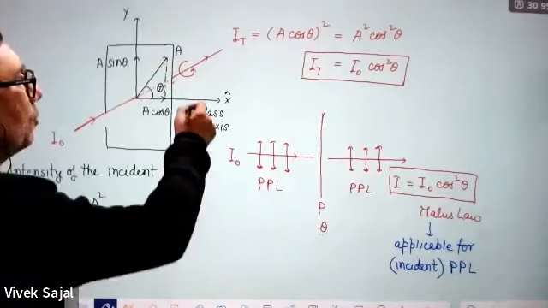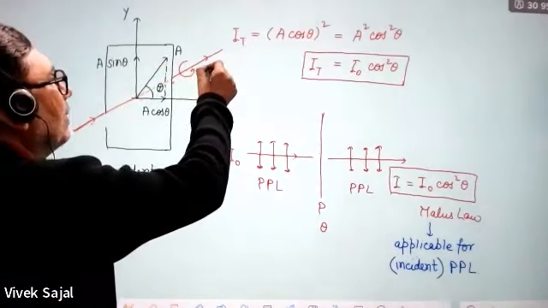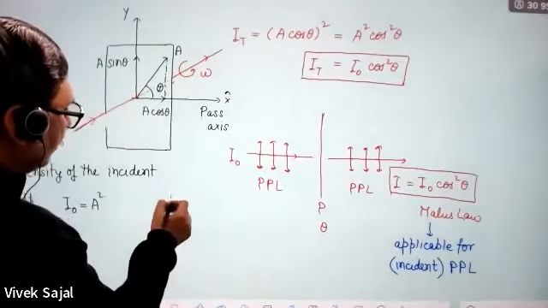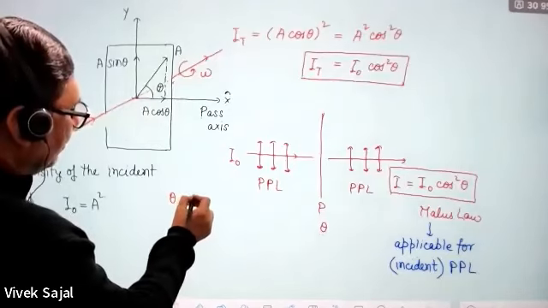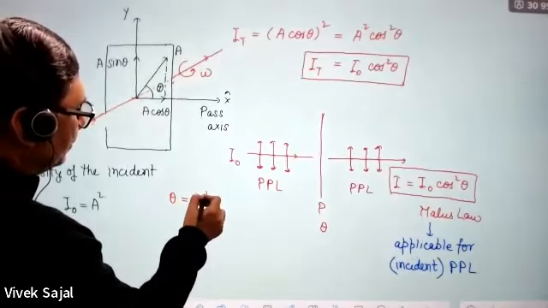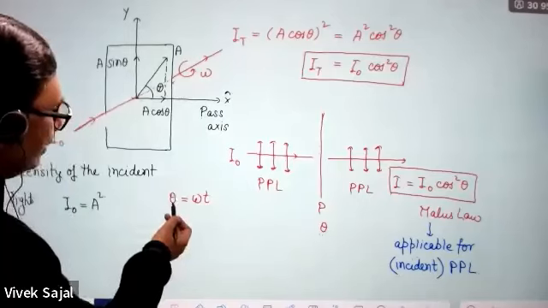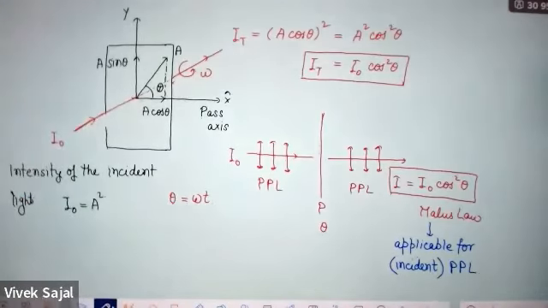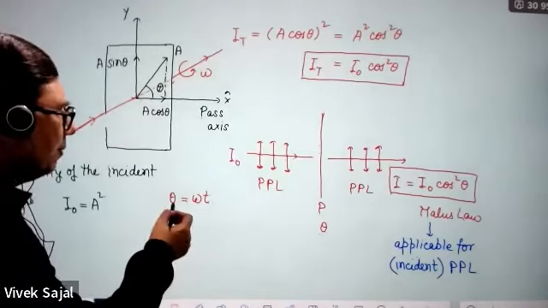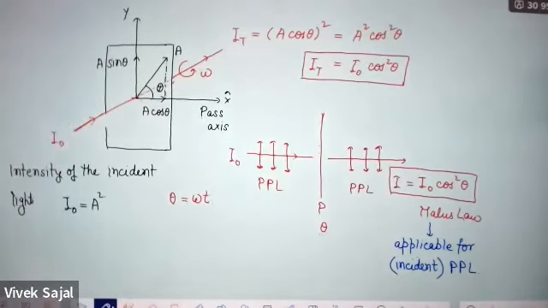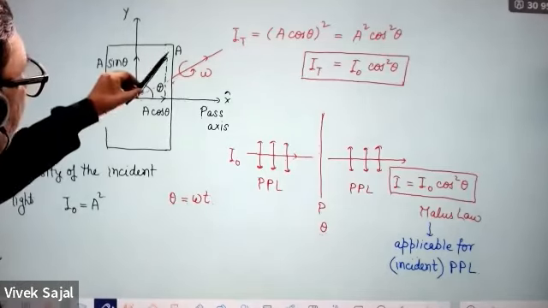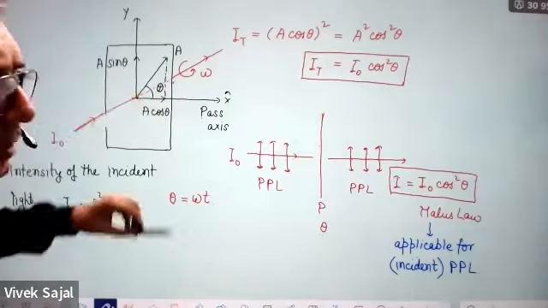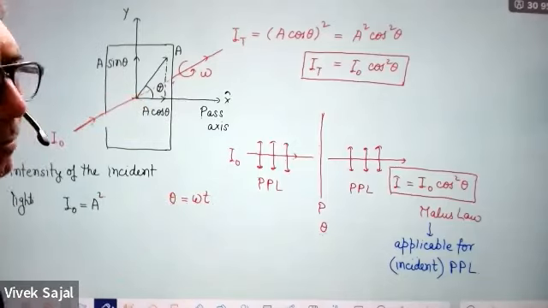Suppose you are rotating this polarizer with an angular velocity omega, then theta at any time will be omega t. Initially at time t equal to 0, I am assuming theta is 0. For simplicity, this electric vector is like this and then it is rotating. So theta at any time will be omega t.